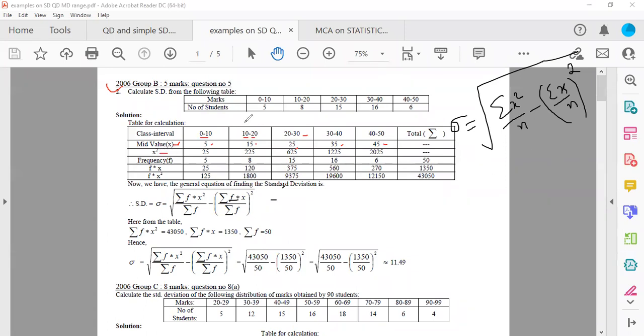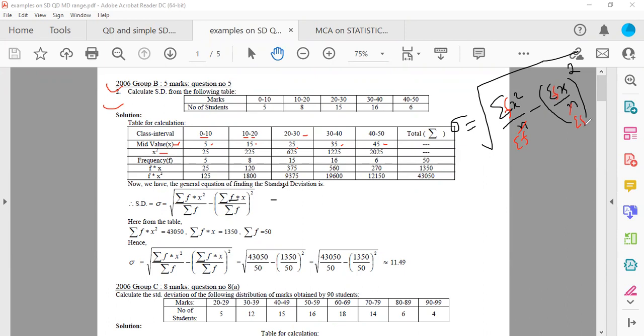What is the basic difference between this formula and the first one? Then you can easily understand the table. When you use the continuous case, the formula is a little adjusted: summation f x square, and replace n by summation f. Summation f into x, and replace n by summation f.